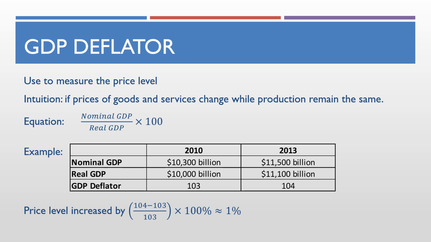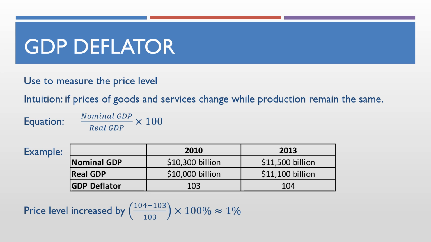So when we divide the nominal GDP in a particular year by the real GDP in that same year, we will get a ratio. And this ratio will be normalized to an index value by multiplying by 100.